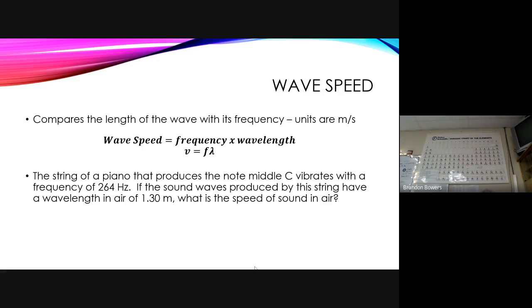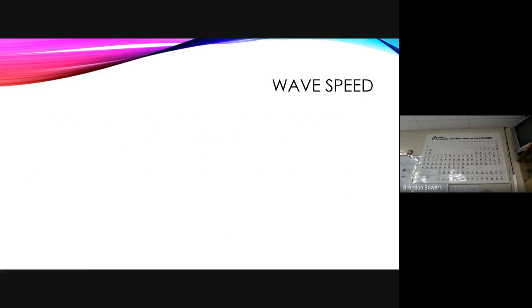Okay, so if we try this out, we know the frequency of 264 times the wavelength. We know the wavelength is 1.30. So if you multiply those two together, your answer should have been about 343.2. And the unit is meters per second. How do we feel on that? Pretty straightforward, not too bad. Nailed it.